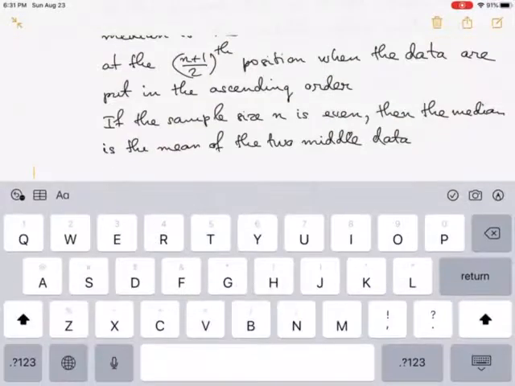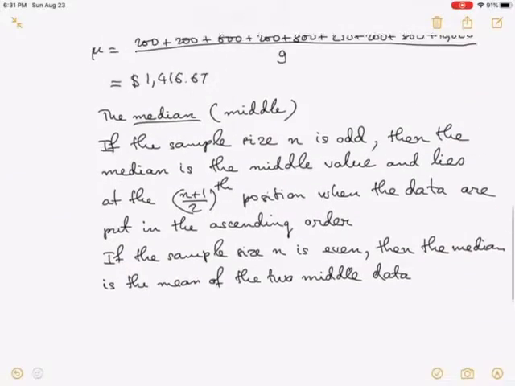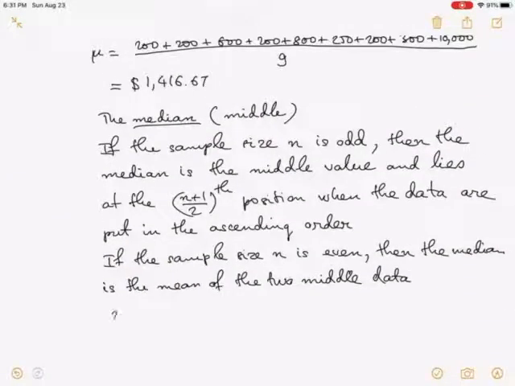So we have 200 as the lowest one, 200, 200, 4 times 200, so next is 250, 300, 600, and 800.